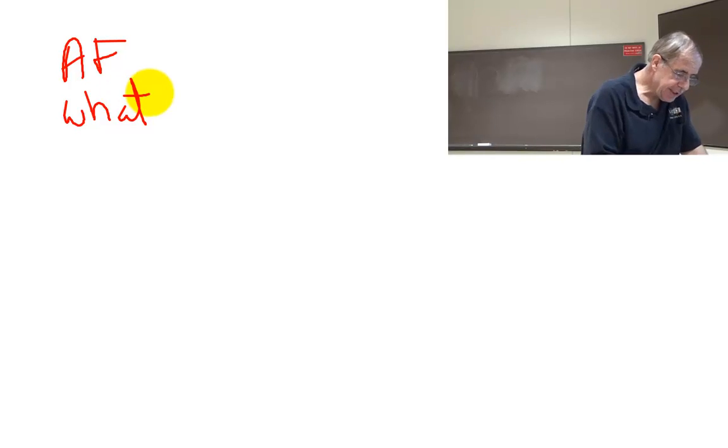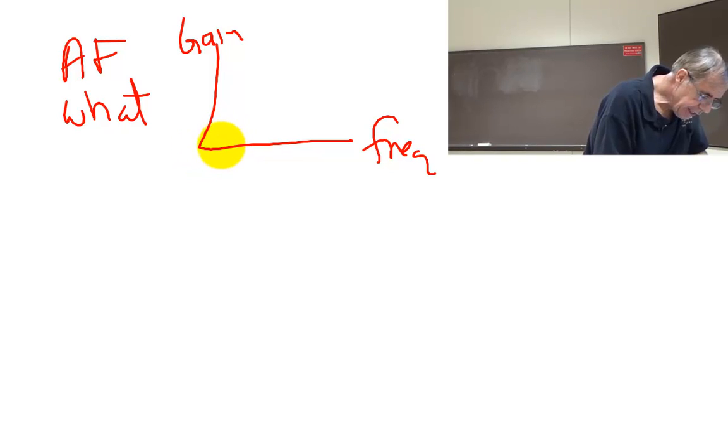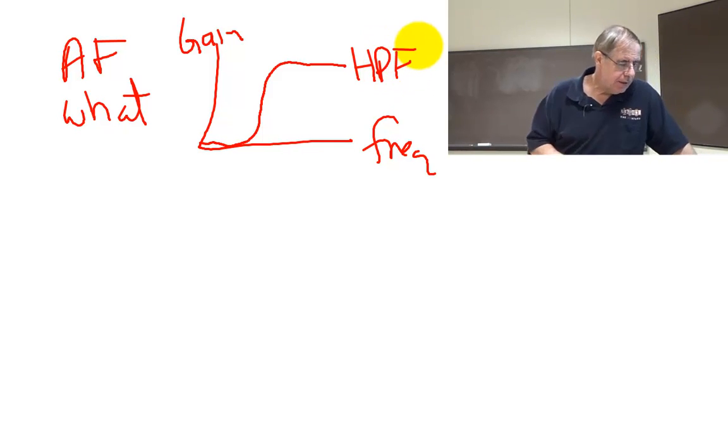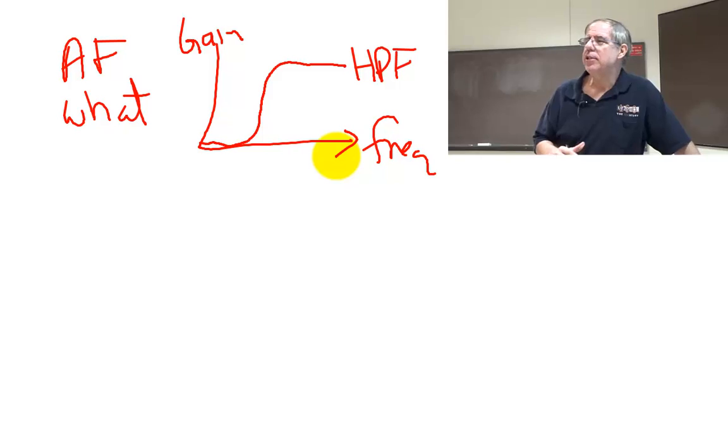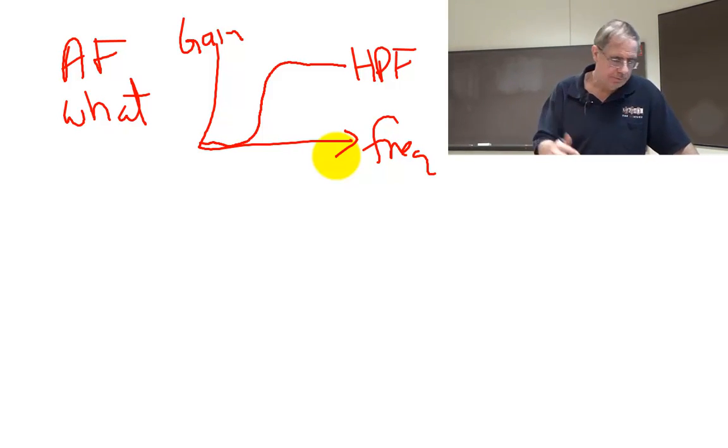There are three classes of analog filters that we're interested in. If we look at the gain versus frequency response, we could have something that looks like this, and that's called a high-pass filter. We use a high-pass filter whenever we don't care about DC.